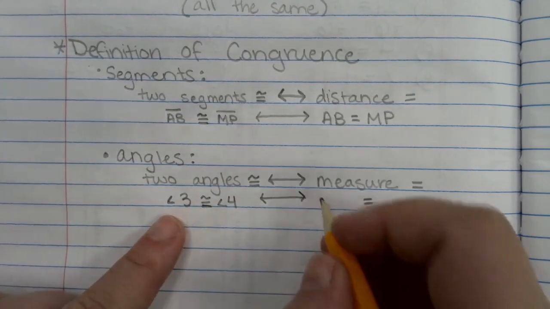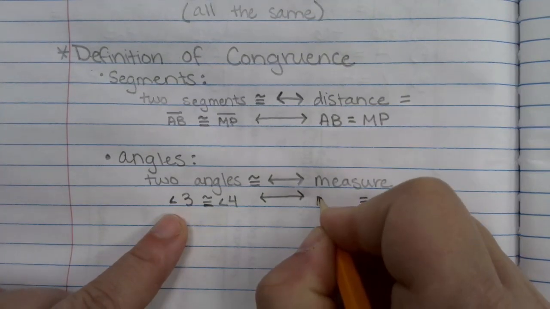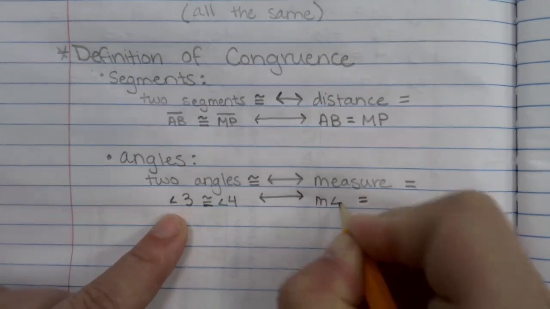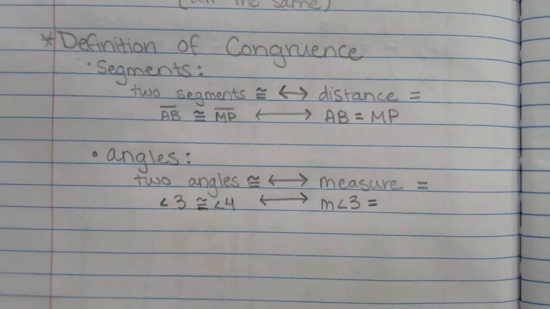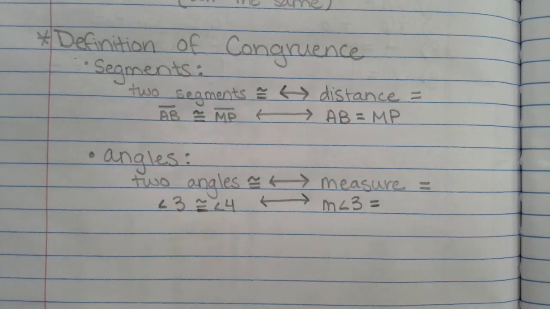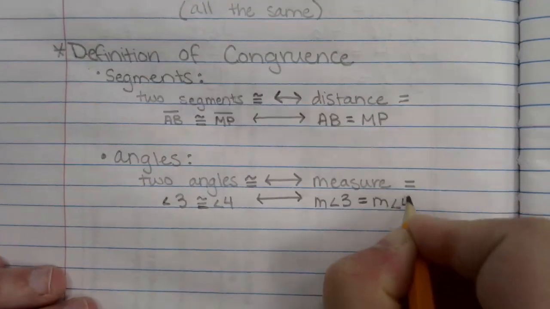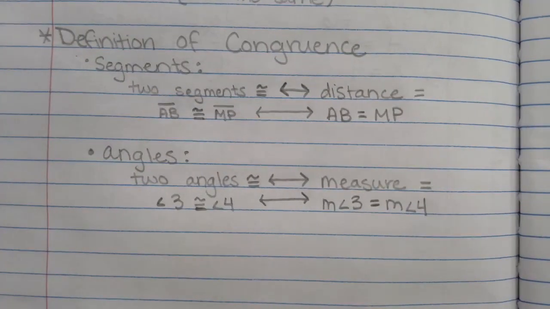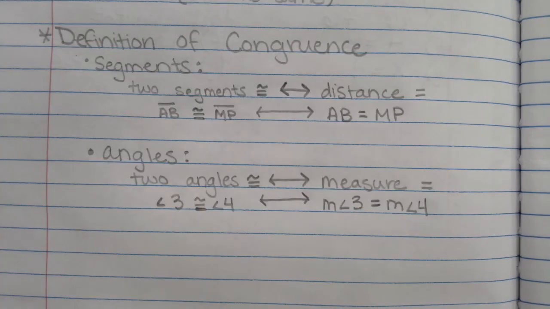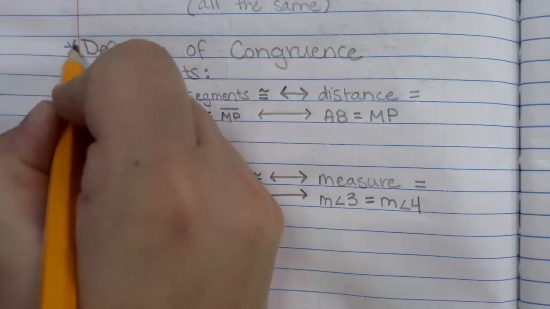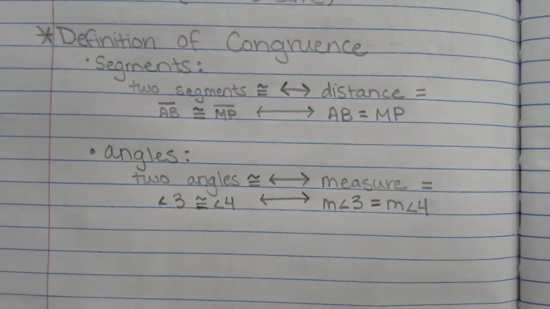The degree, the measurement. So to write that out, remember we use a lowercase m and then that angle 3. The measurement of angle 3 would be equal to the measurement of angle 4. All right, that one we use a lot, so I starred that one because we're going to come back to that one quite often. We use it in almost every geometric proof.